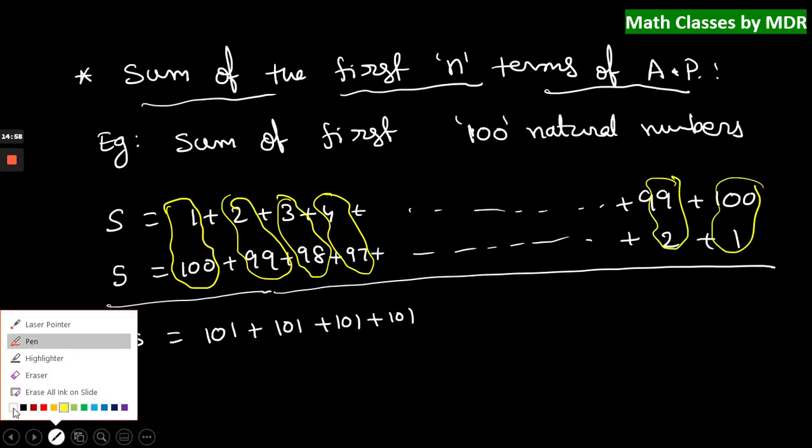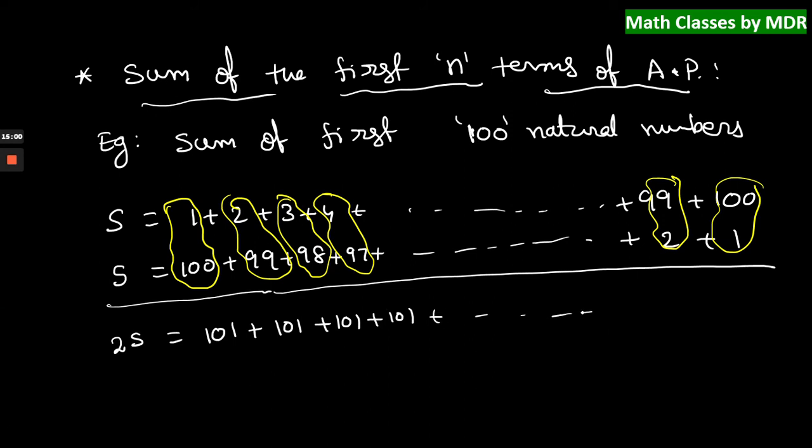So by taking these values, we can write it as 101 plus 101 and so on. How many terms will we have here? There are a total of 100 numbers, so 2S is equal to 100 into 101, since we add 101 a hundred times.